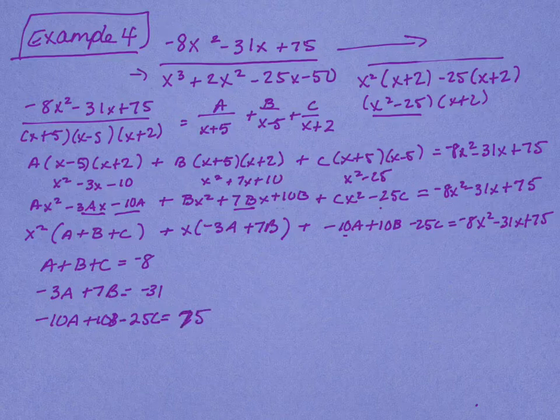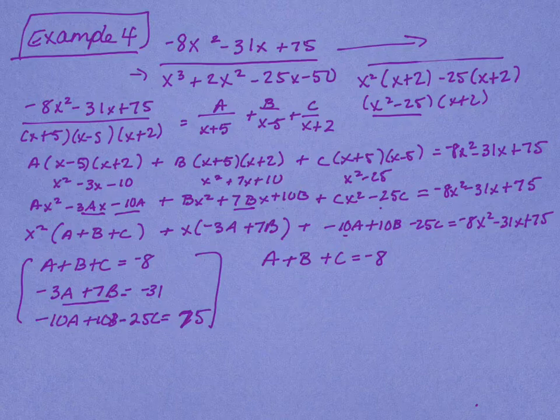Okay, so how do I solve this? Well, I'm going to start, and this one only has an A and a B and no C. So I am going to get rid of C with these two equations. So I have A plus B plus C equals -8.